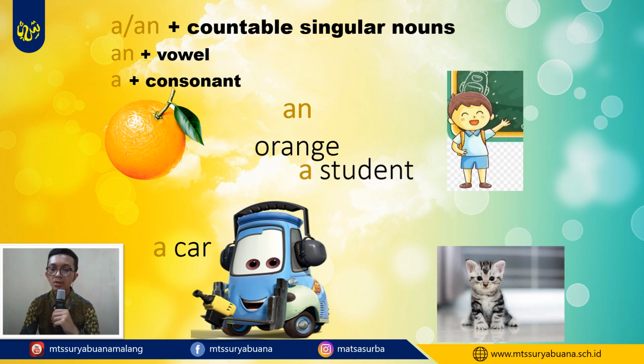You can see here the car is only one, so we say a car. Why is a used rather than an? Because this word begins with C. C is a consonant, so we use a car. And then the last one is a cat.